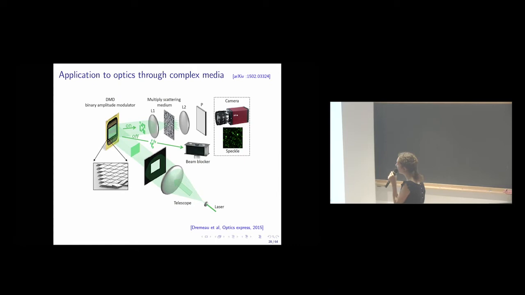And this beam is then focused through a lens onto a scattering medium, which is nothing more than a white paint layer. And then the beam is received by a camera through a polarizer. So you get a speckle at the end. Am I good?